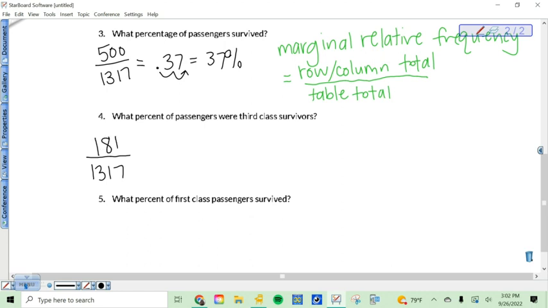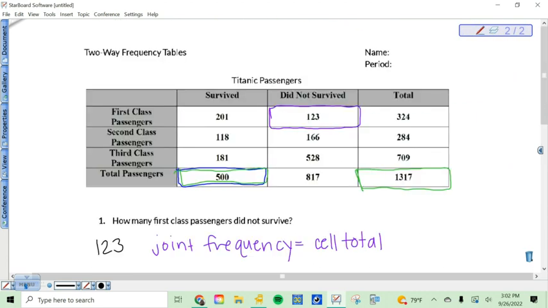Let me show you where we got those numbers first, and then we'll turn it into a percent. I'm looking at the amount of third-class passenger survivors compared to all passengers, right?